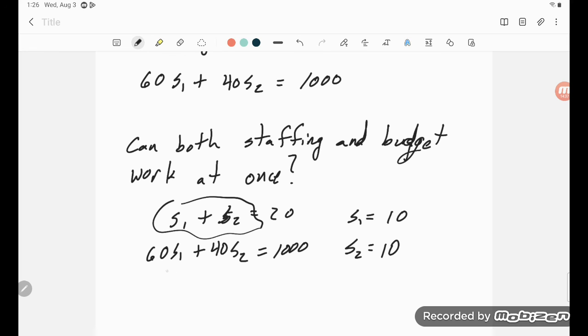And if I take 10s in here, I'll get a 600 plus a 400, and that does indeed equal 1,000. Okay, but generally we don't make it up, so we would need some sort of solution technique to find this.